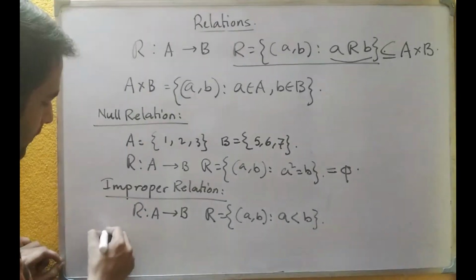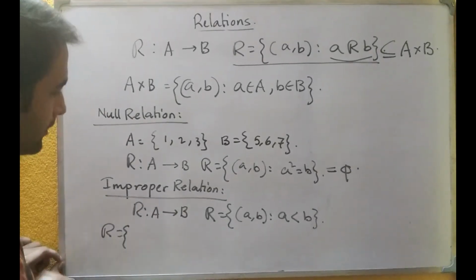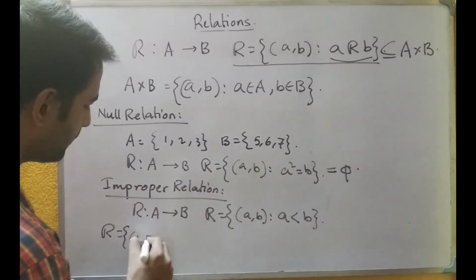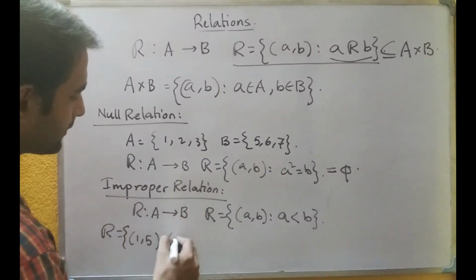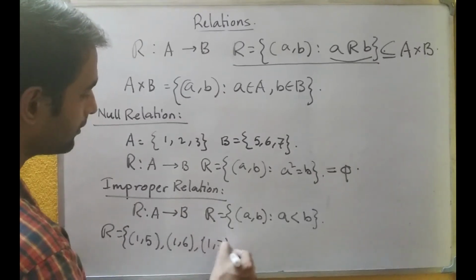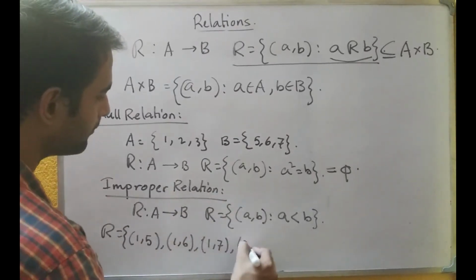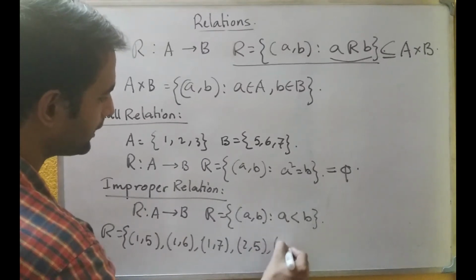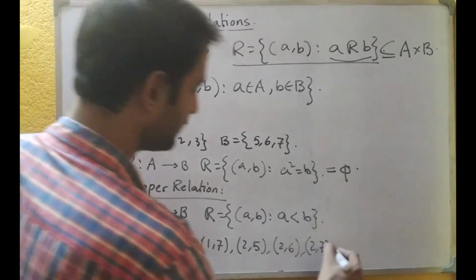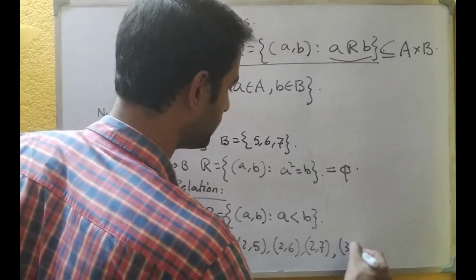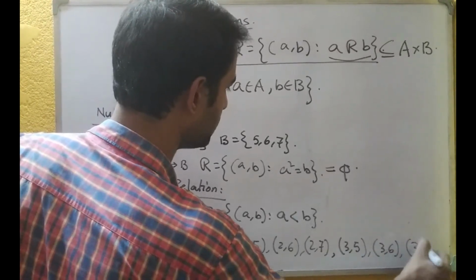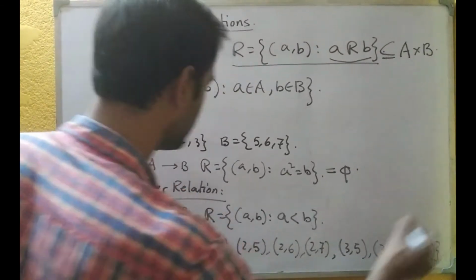Then if you are writing the elements, 1 is less than 5, so we can write (1, 5), 1 is less than 6, 1 is less than 7, 2 is less than 5, 2 is less than 6, 2 is less than 7, again 3 is less than 5, 3 is less than 6, and 3 is less than 7.